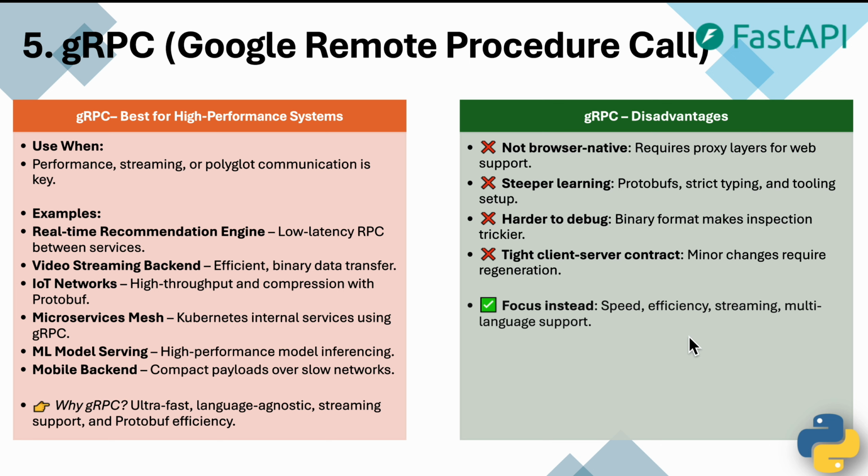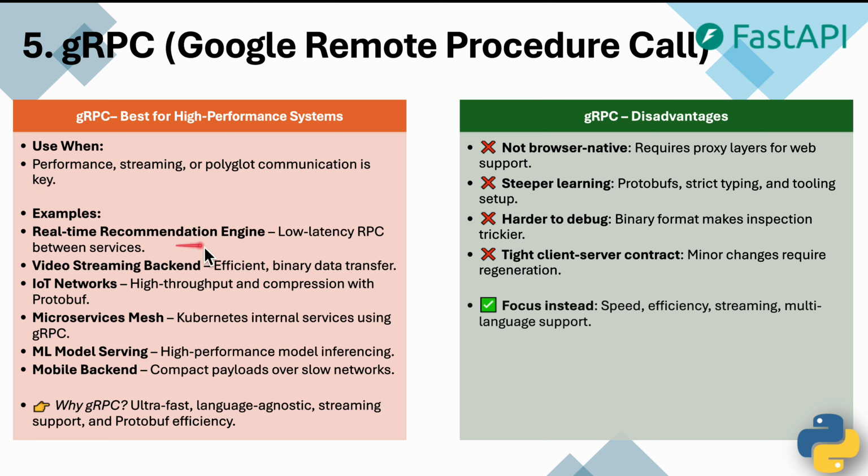gRPC, Google Remote Procedure Call. gRPC API is best for high performance systems. Use it when performance and streaming or polyglot communication is key. Examples: real-time recommendation engine.